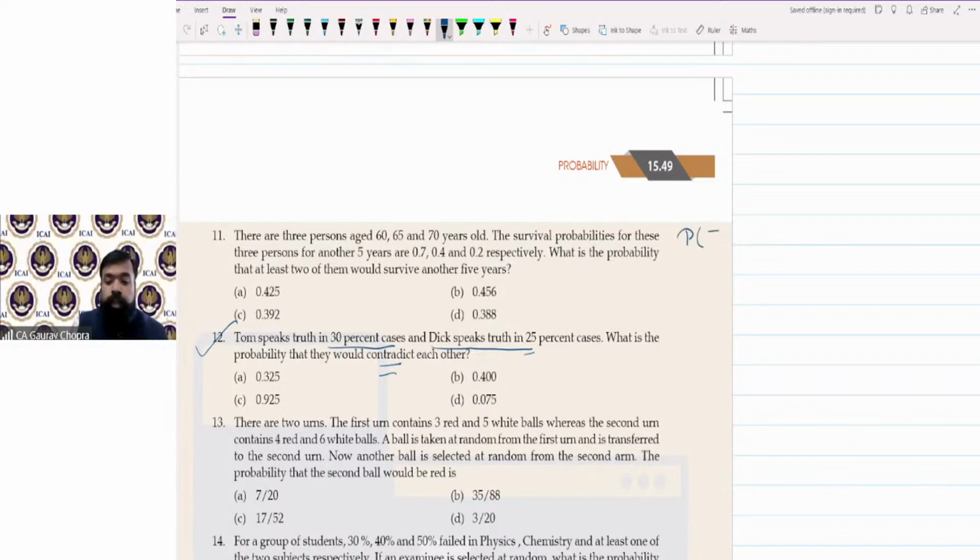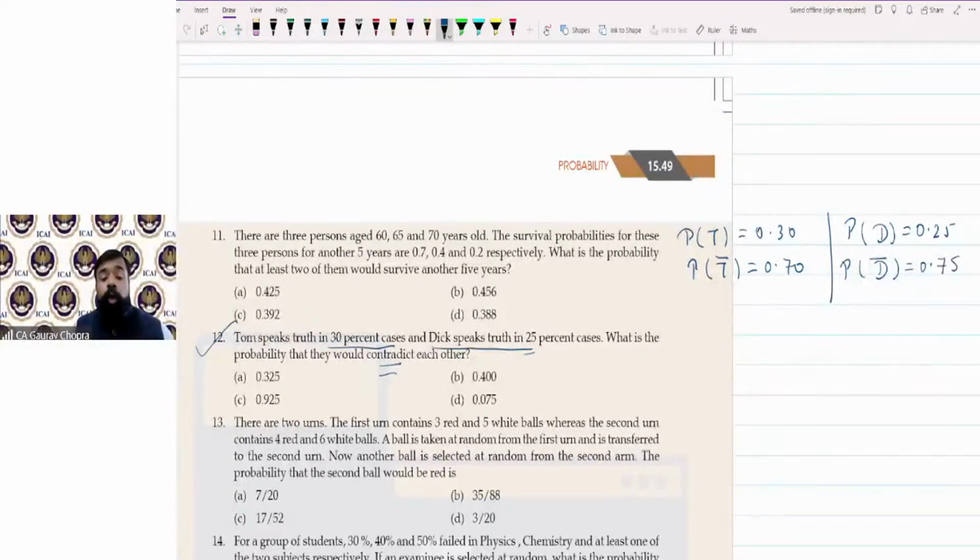So probability that Tom will speak the truth is 30%. We can write 0.3. And झूठ बोलने के chances 0.7. Similarly, probability that Dick speaks the truth is 0.25 and does not speak the truth is 0.75.